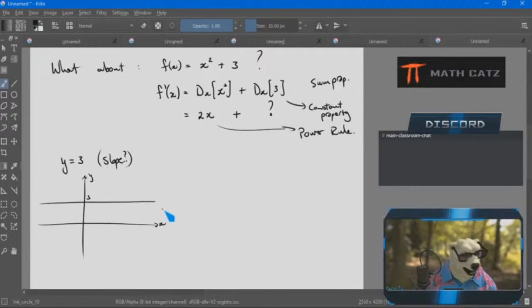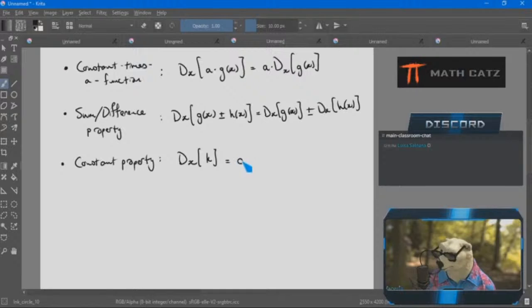What is the slope of a horizontal straight line? It's 0. Yes, it is. So it's not hard to convince yourself that the derivative of a constant should be 0. And it is. It is 0. Because that's a horizontal straight line. Constant function, 0 slope. We've already seen that.